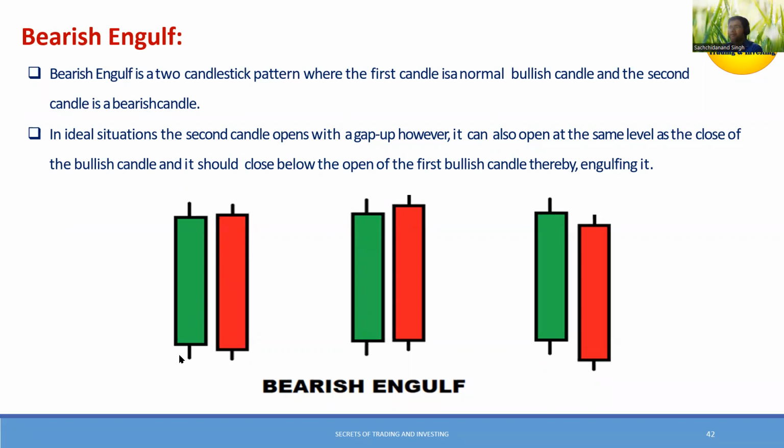Whatever upward price movement happened in the first candle, the second candle completely neutralizes in all these three situations. That is why it is treated as a bearish candlestick pattern, and namesake, it is a bearish engulf candlestick formation.